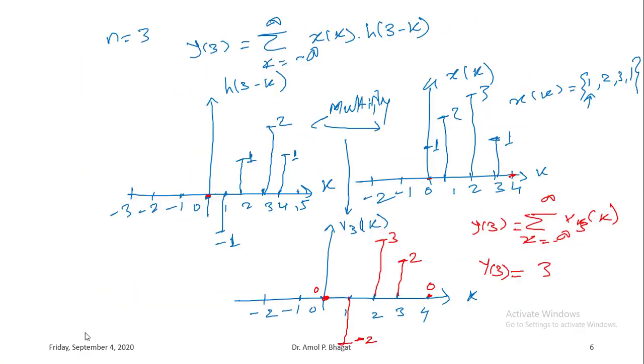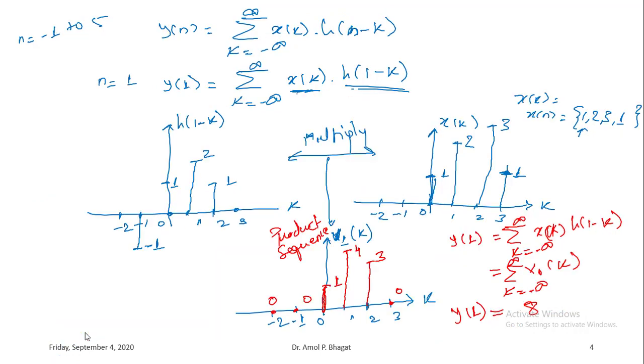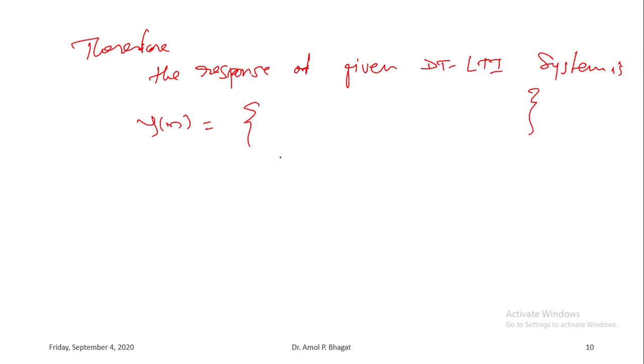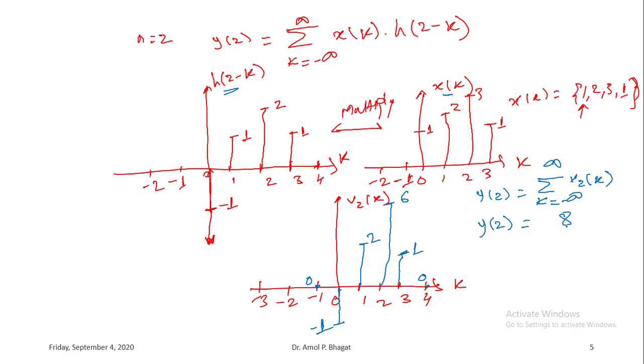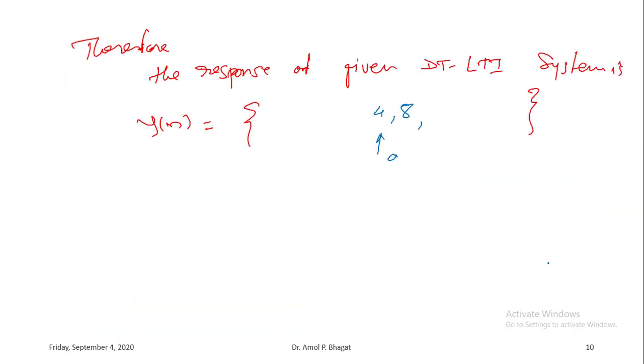So as you can see here, at n is equals to 0 it is 4, right? n is equals to 1 it is 8, n is equals to 2 it is again 8, n is equals to 3 it is 3, right?